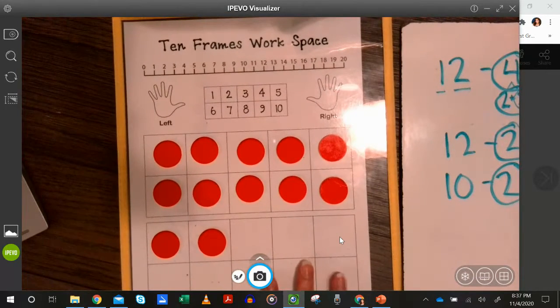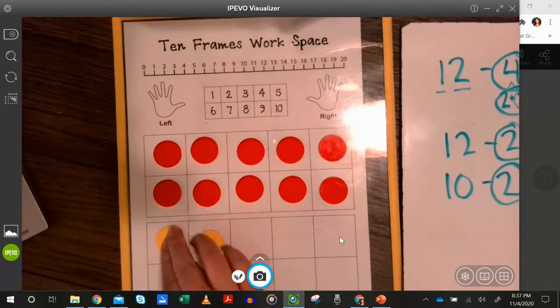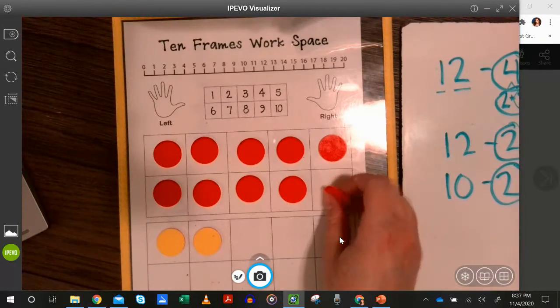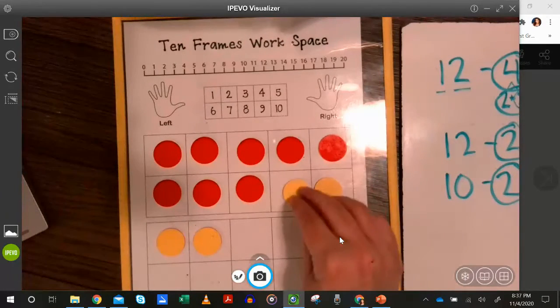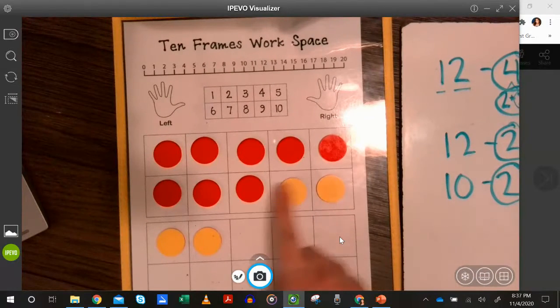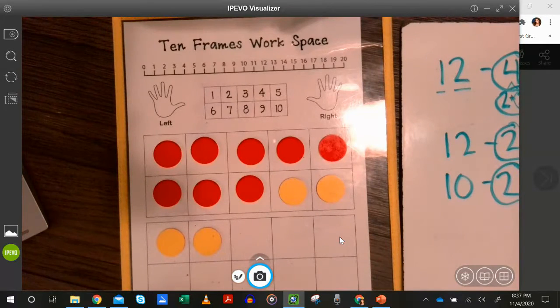But I want to take away 4. 1, 2, that takes me down to my group of 10. 3, 4, that takes me from 10 down to 8. So I had 12, I took away 4, and I ended with 8.